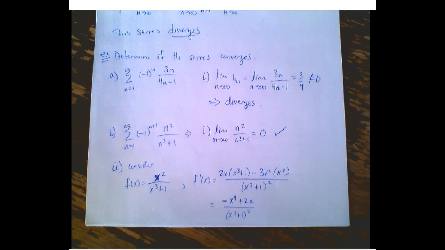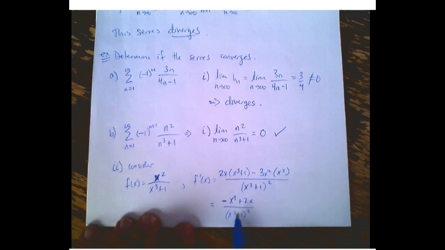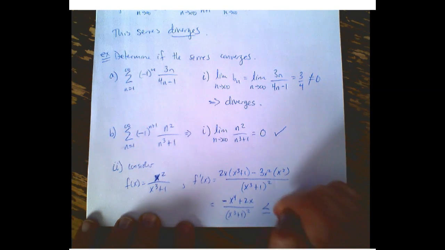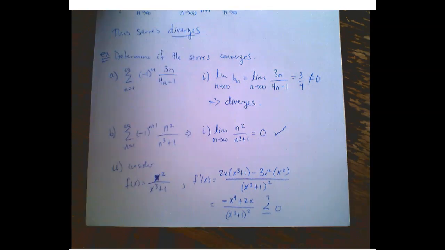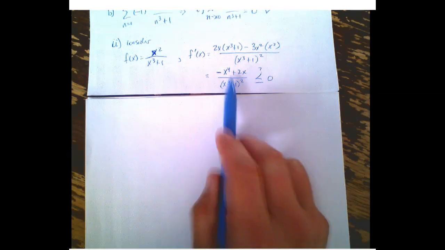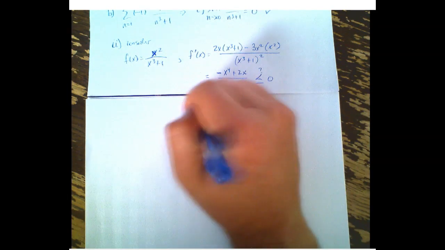Now, we need to show that this is negative for particular values of x. So is this true? When is this less than 0, we ask ourselves. Well, we can solve this, so rewrite that.